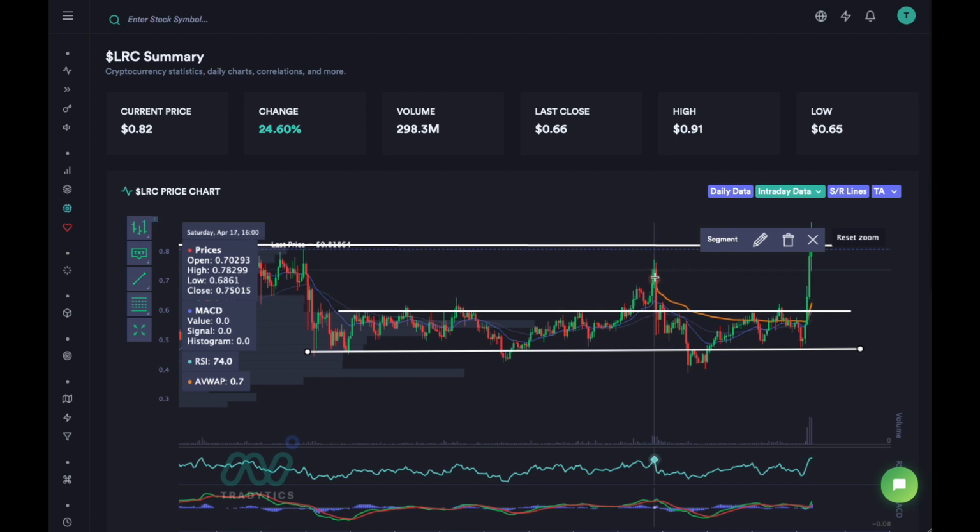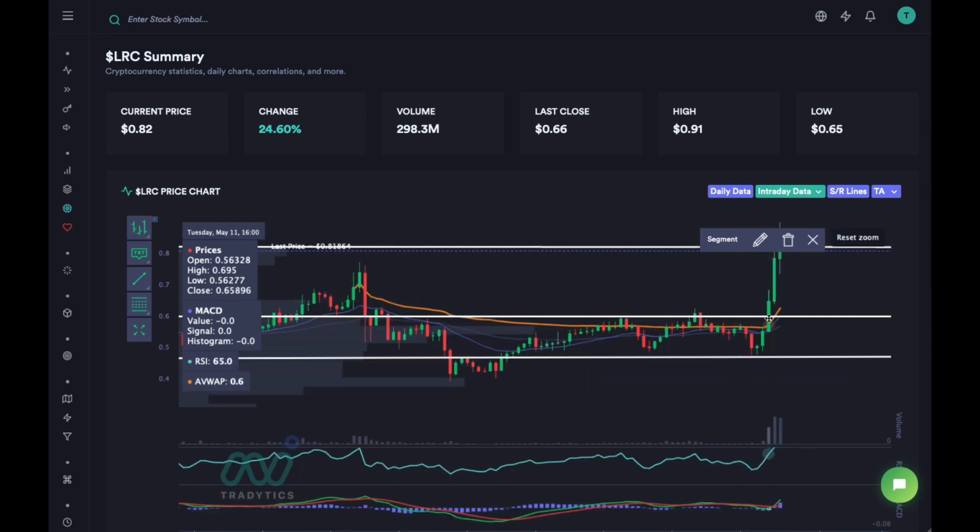Another good thing to note here is you have this resistance line. You could have actually entered right around here as well, right at this line. So there were actually 2 factors here. We talk about consolidation, and we need consolidation, but as long as you're finding multiple factors that go in your favor, you should be fine as well. We respected this resistance here, but we also had this orange line resistance.